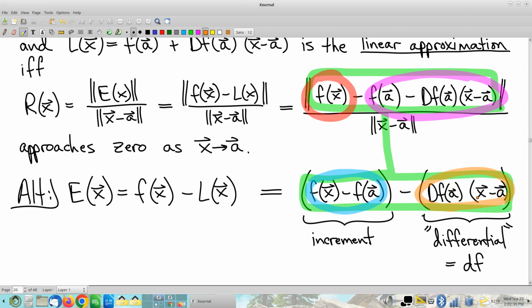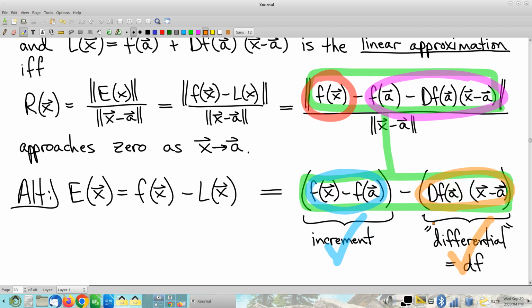So actual versus approximated value of the function is one point of view. Actual versus approximated change in the function, the other point of view. And heads up that this term here, increment, describes the actual change, and this term here, differential, describes our linear approximation of the change. It's really useful terminology, and we're going to be using that throughout the rest of the course.